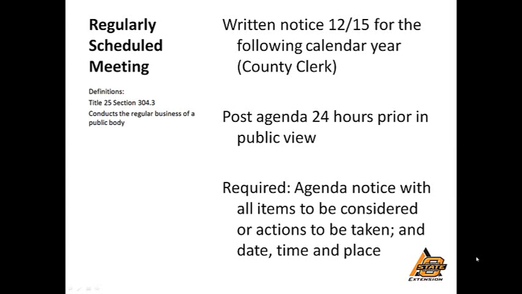Now remember, in order to file this yearly notice, there had to be an action item, which would have been listed on the agenda, typically an early December meeting, and a vote would have been taken as required by the board. For example, let's say the ambulance board meets the first Tuesday of every month.